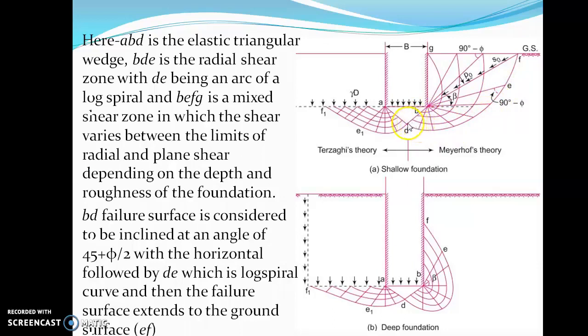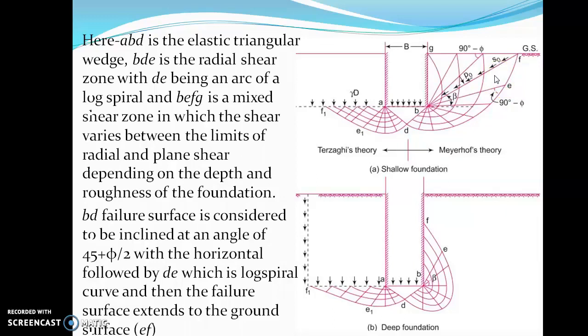If you see this particular curve DE, it starts with a very minor radius. The radius here is much smaller as compared to the radius here. That's a logarithmic spiral. The equation will be logarithmic for this particular curve.